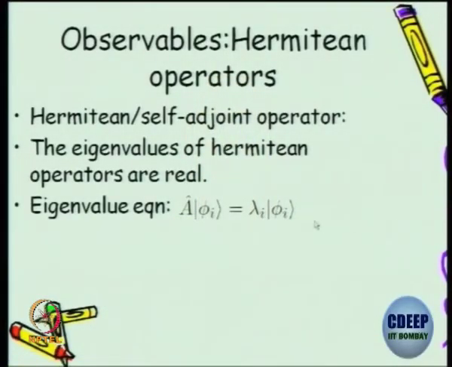We have seen also the eigenvalue equation. I defined it for any operator, for example, operator A. This lambda i is called the eigenvalue, and phi i's are the eigenstates of this operator A. You have to get used to this notation.